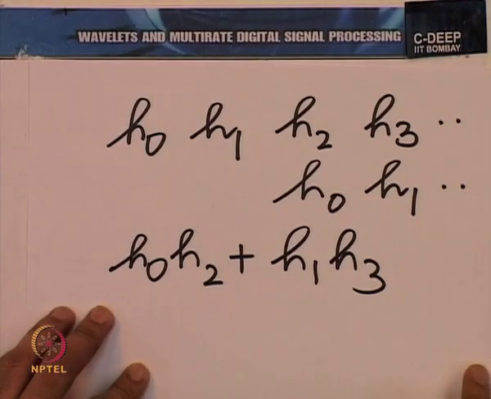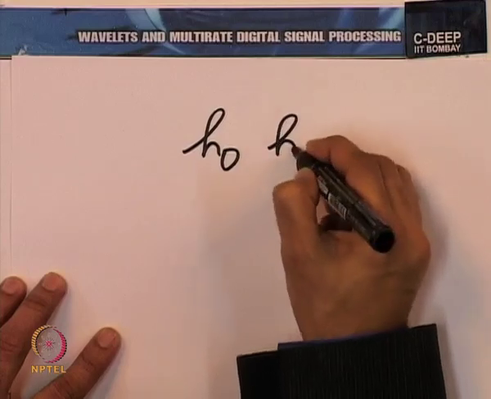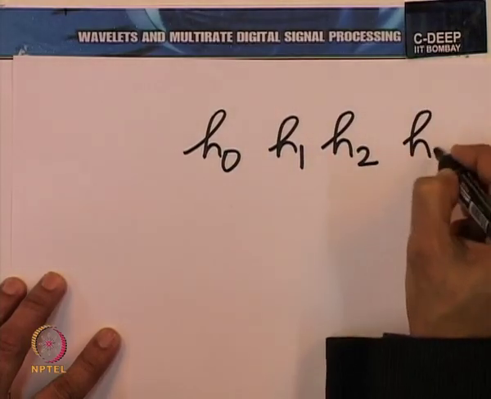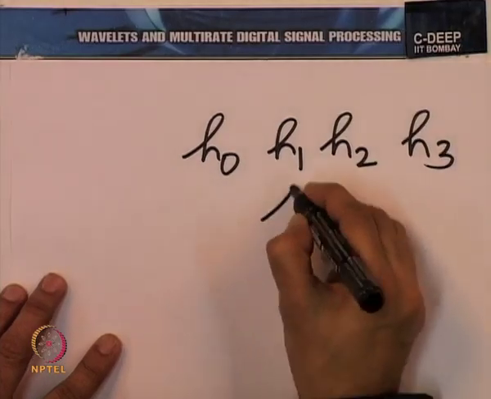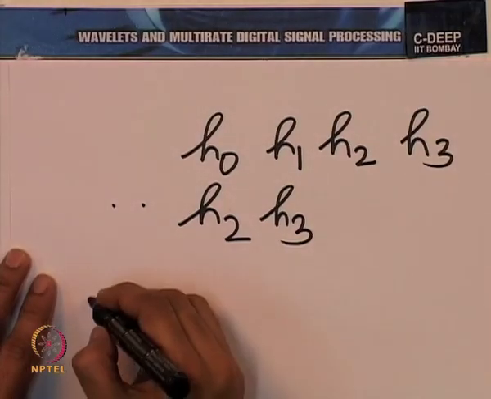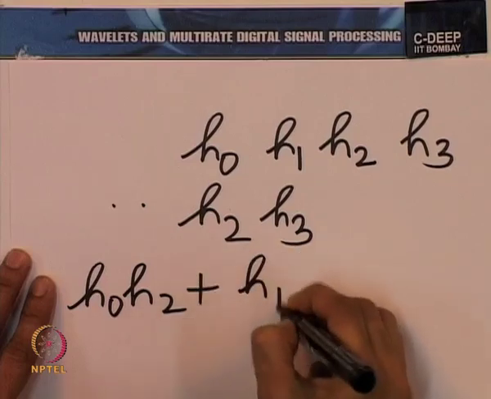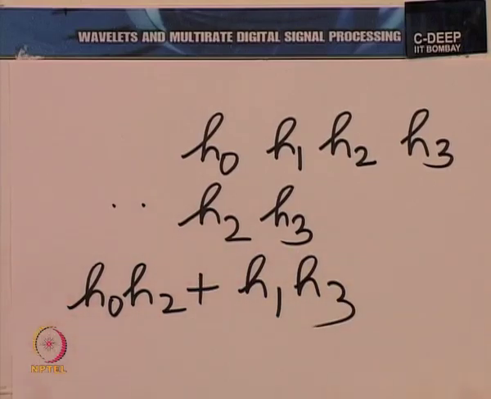Now, if you were to shift it backwards, so you had H 0 H 1 H 2 H 3 there, and you shifted it backwards, and of course, this is all 0. So, again the dot product would be H 0 H 2 plus H 1 H 3. So, as you can see, shifting backward or forward by m is not an issue.